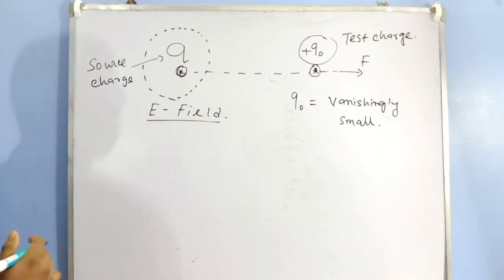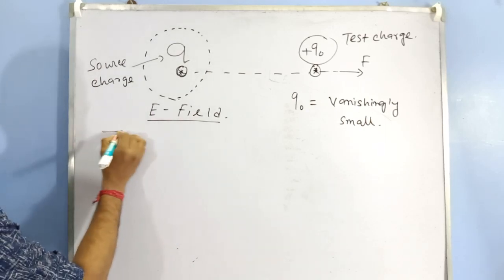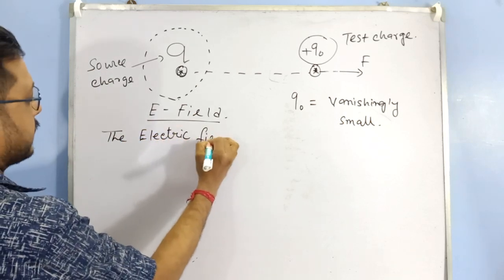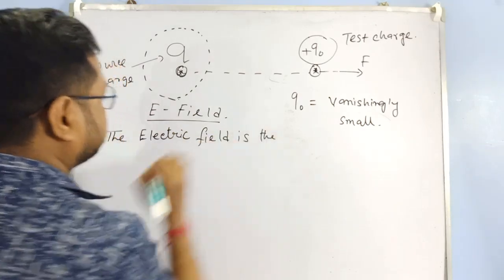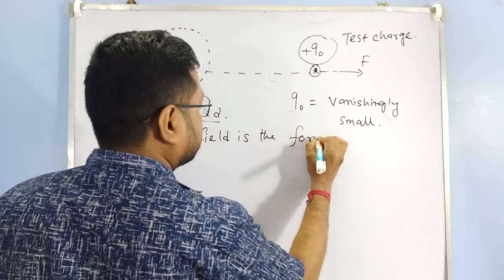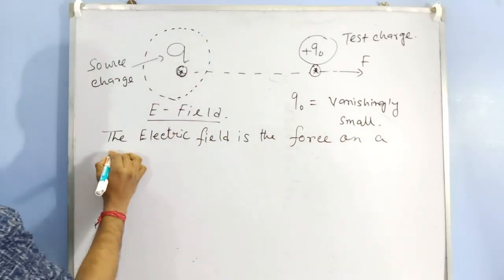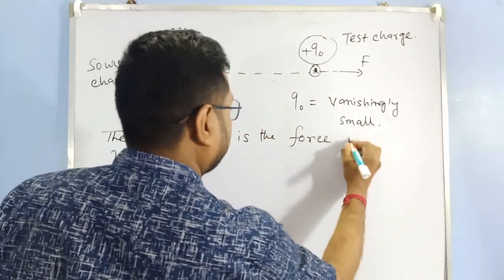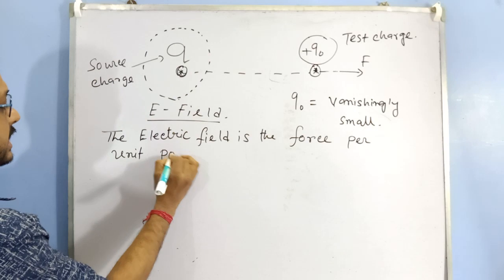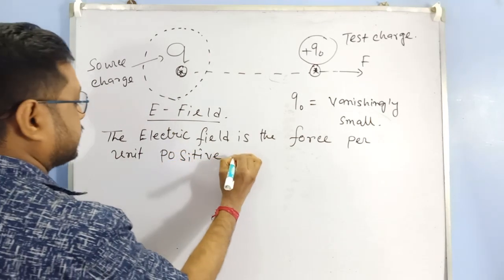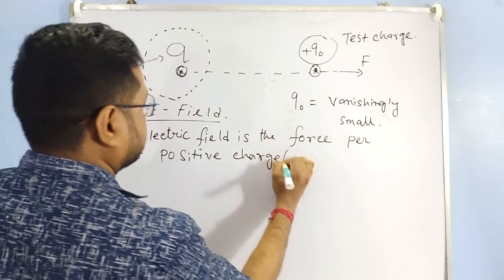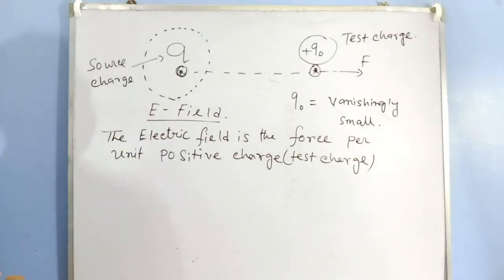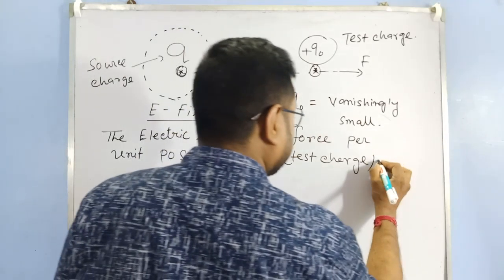So if we take the definition of electric field, we say that the electric field is the force per unit positive charge, which is called the test charge. It is always positive.